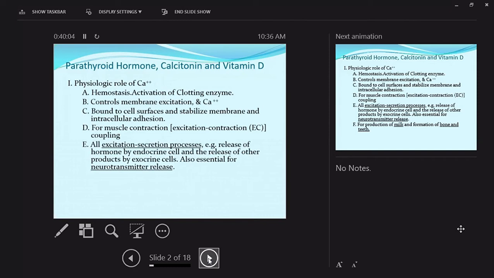All excitation-secretion processes, for example, the release of hormone from endocrine cells and the release of other products of exocrine cells, are essential. They need calcium. Also, for neurotransmitter release, you need calcium.